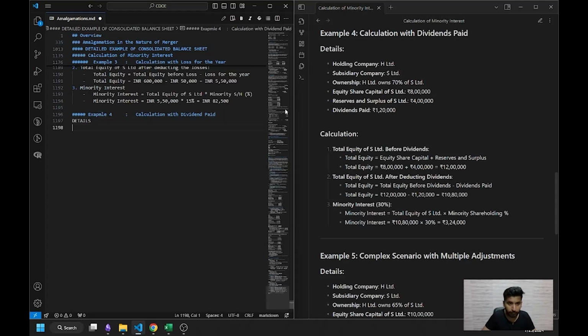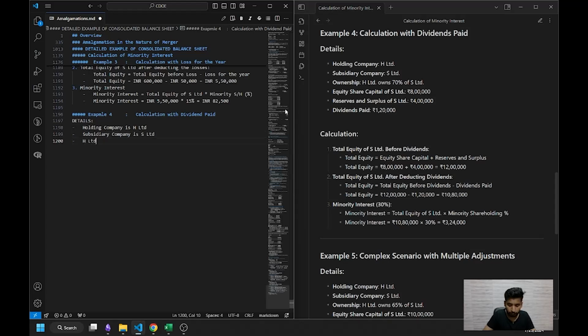We have been given the details, and the details follow as: holding company is H Limited, subsidiary company is S Limited.